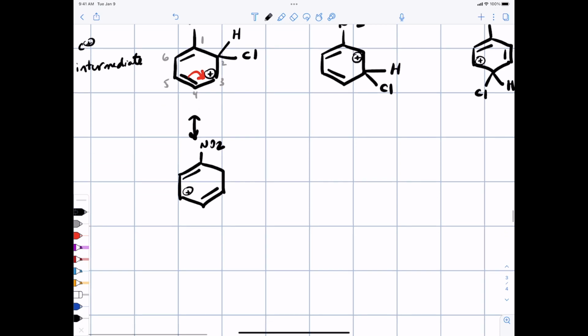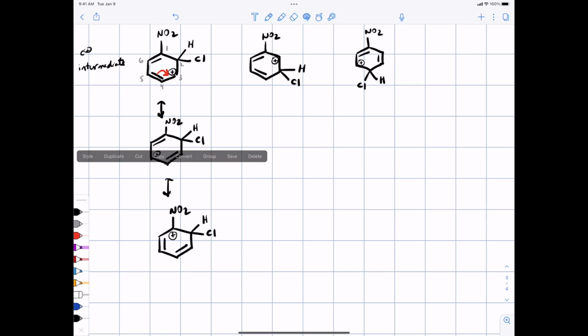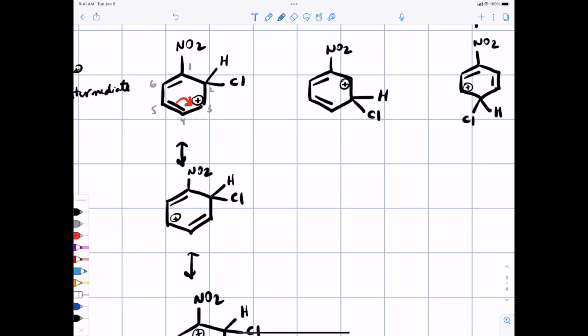Oops, I'm missing those groups. And then I suppose we could also draw this resonance structure. That demonstrates that that positive charge is on carbons 3, 5, and 1.